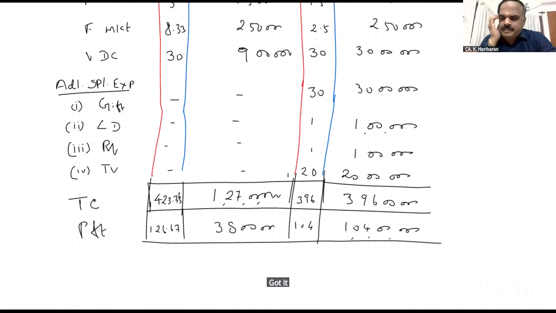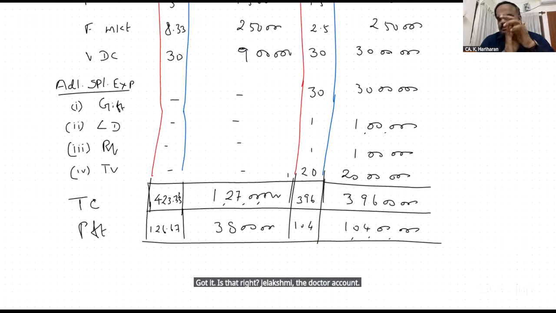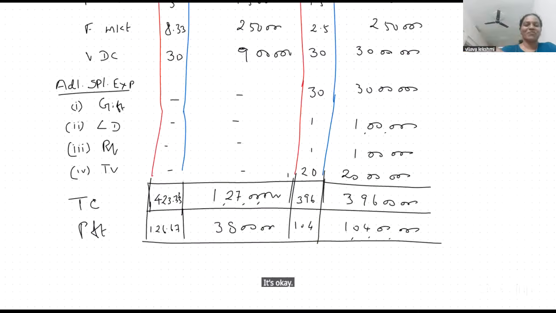Got it? Is it right? Jayalakshmi, do you have any doubt? It's okay, sir. I have to practice. I will go tomorrow. I understood. Sales minus cost we have subtracted, that's all. Okay. Srishti, is it manageable?